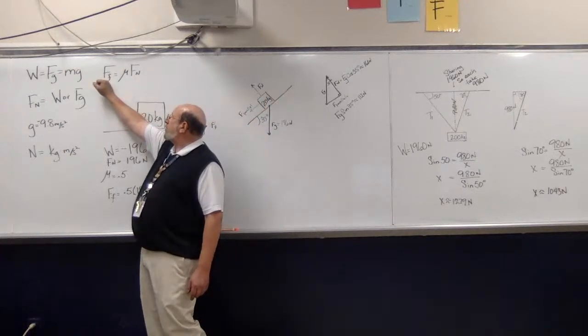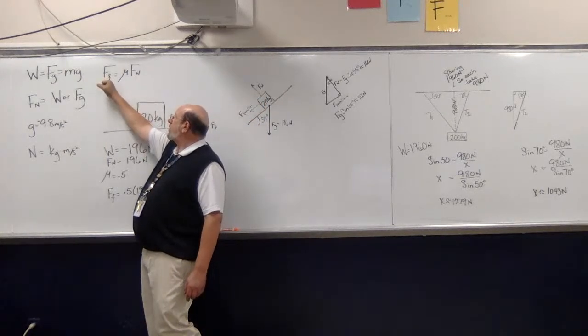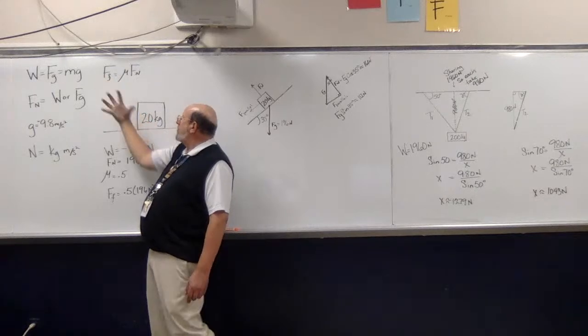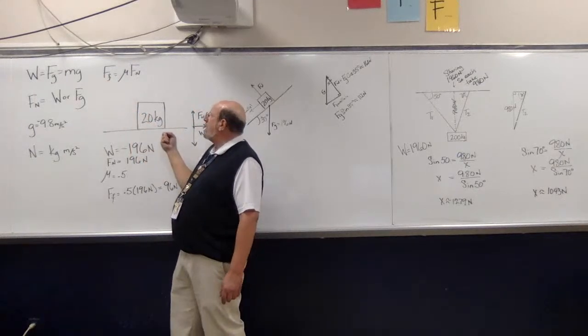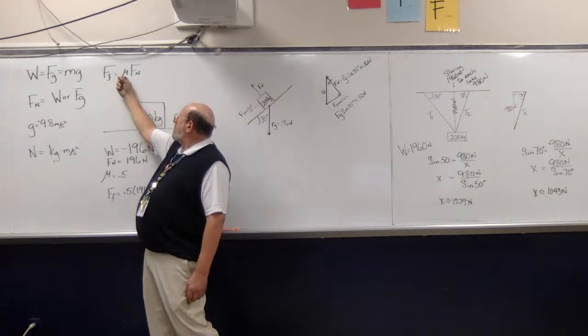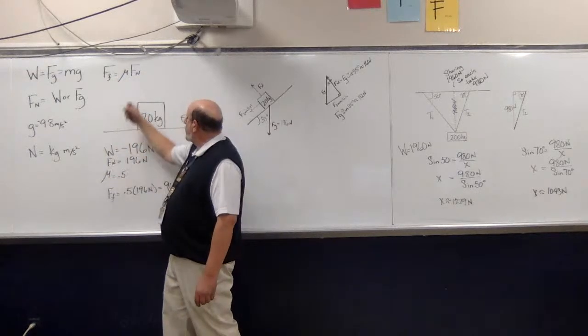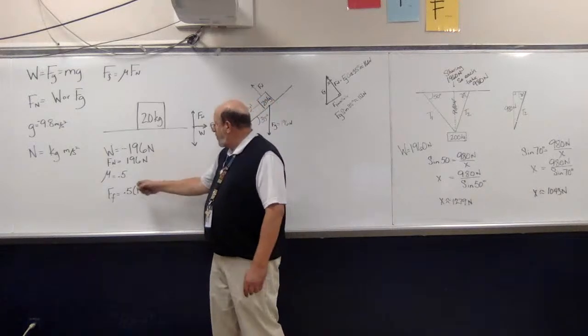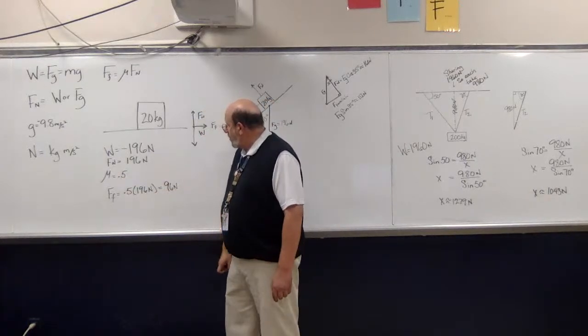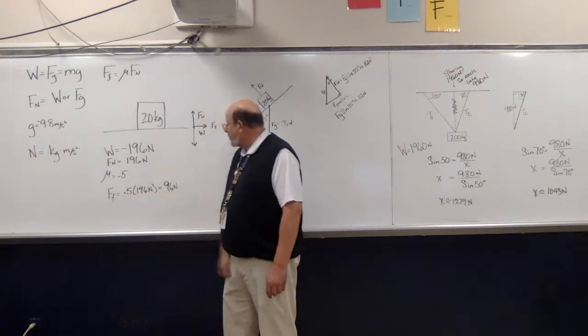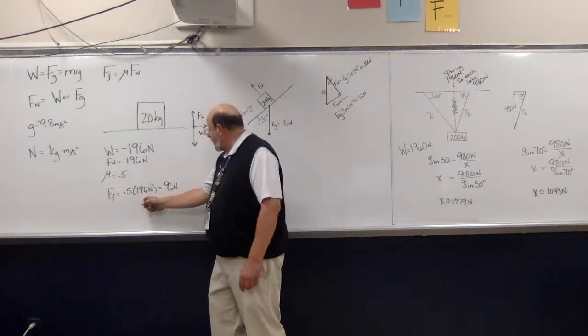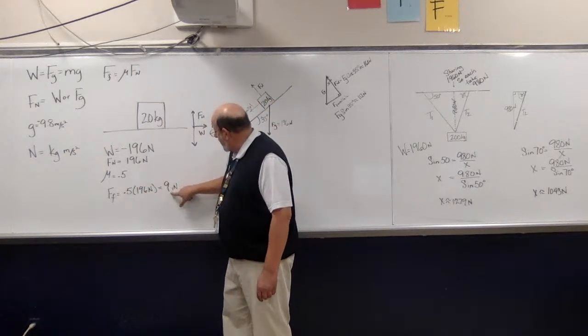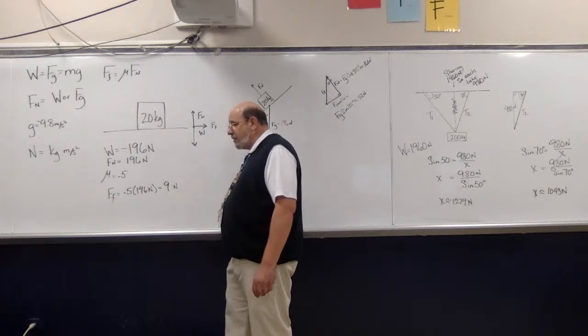Because to find friction, the force of friction, the amount of pullback, it's that mu, that coefficient of friction, times the normal force. So I have my normal force, I have my coefficient of friction, I multiply those two things, and half of 196 is actually 98. I don't know why I wrote 96.